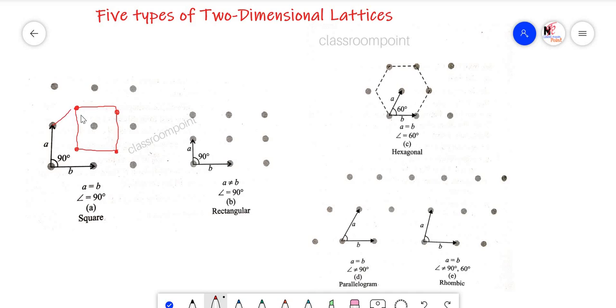Now if you connect this, automatically you will get a square-like structure. If you develop one more layer behind these layers, that is called three-dimensional. So when you develop three-dimensional, automatically you will get the crystal structure. But without the third dimension, having only two dimensions on a plane of paper, if you develop this type of points, here we get square planar, here rectangular, hexagonal, parallelogram and rhombic.